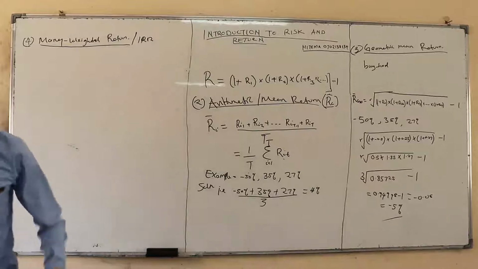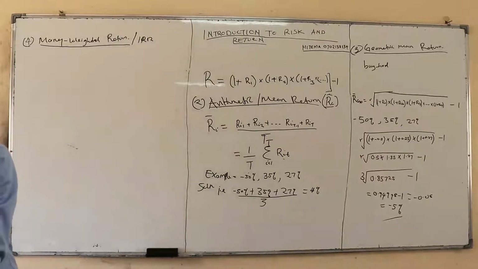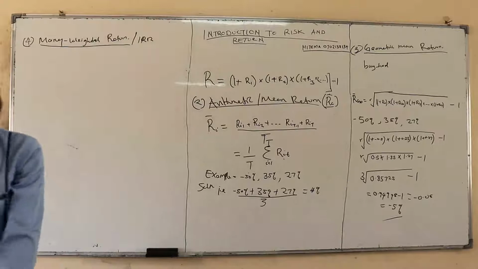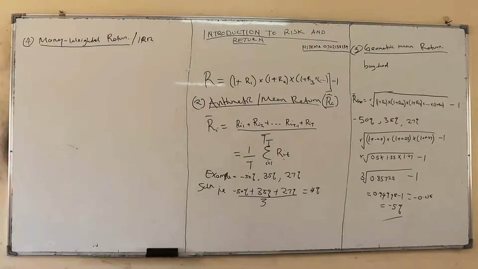It's also referred to as the internal rate of return. So the money weighted return accounts for the money invested and provides the investor with information on the return on the actual investment. The calculation of the money weighted return is similar to the calculation made in the internal rate of return.